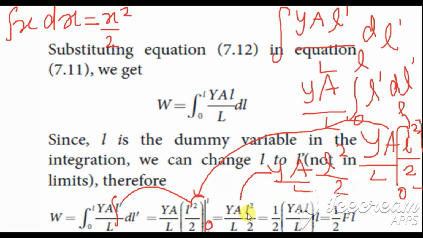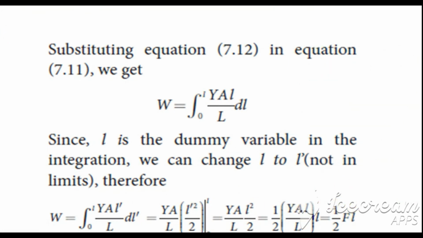Now this l square can be written as l into l, and the 2 separately as 1 by 2. This YAl divided by L can be written as F. So we get 1 by 2 as it is, then F into l. Clear with this?